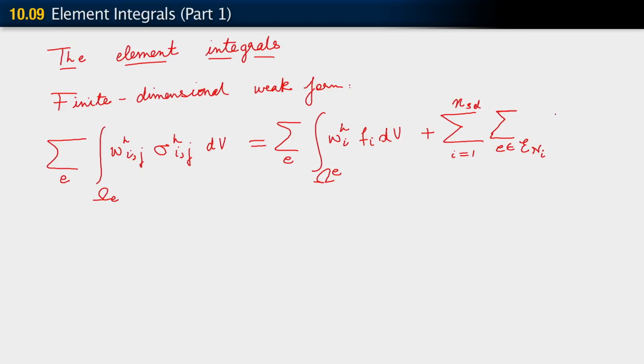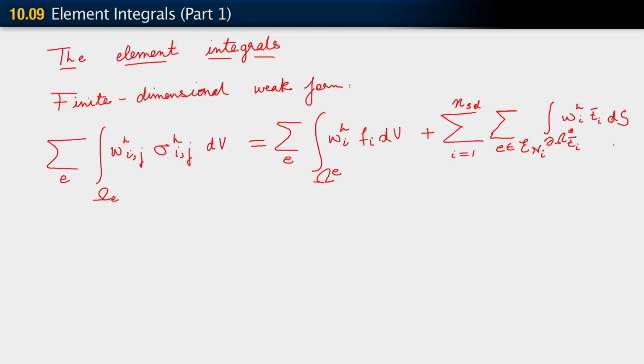Okay, so we have that, and then the integral is over partial omega t bar i, and I'll put the e up there, right? And this, of course, is the same, w^h_i t bar_i dS, right?